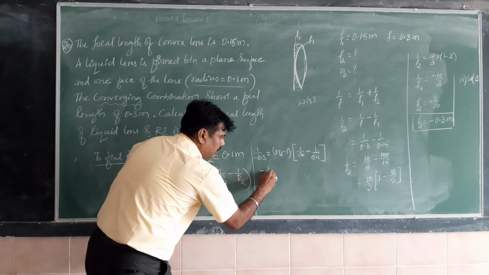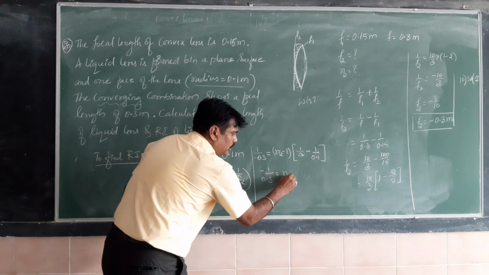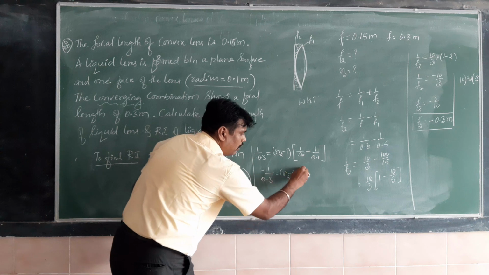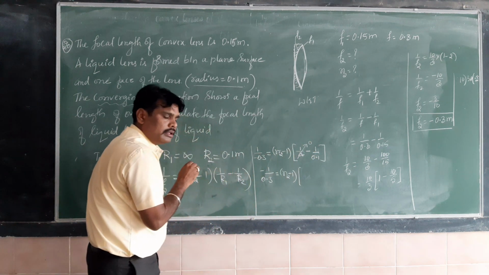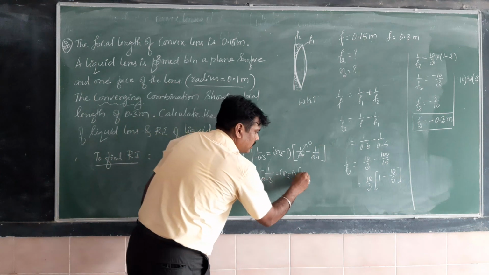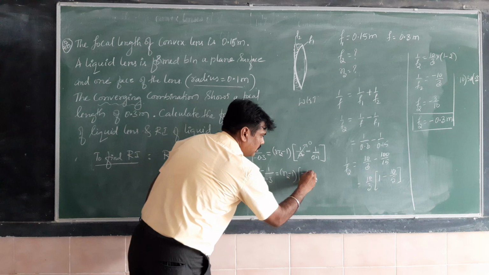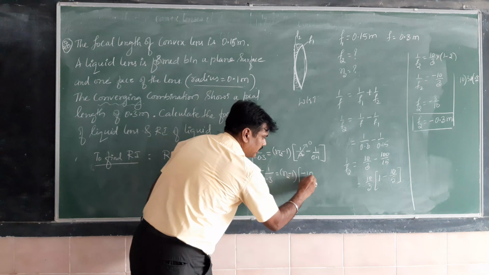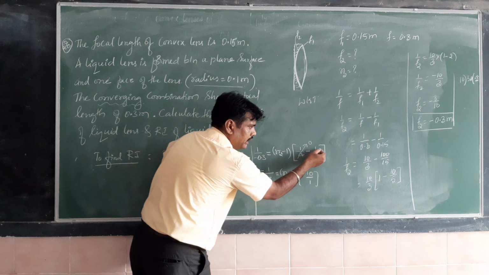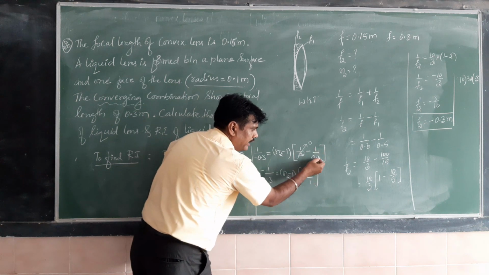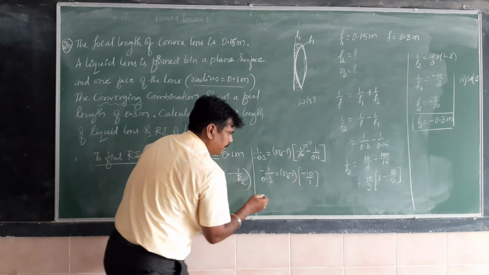Now minus 1 divided by 0.3 is equal to N2 minus 1 of 1 by infinity, which is 0. You have to remember. Minus 10 divided by 1, because we multiply and divide by 10. 0.1 into 10 is 1. So the minus cancels. Right?